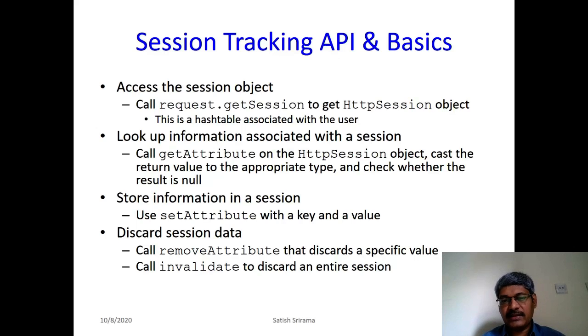From the session you can get the attribute with a particular name, which gives you the value stored for that particular session. If you want to store information in the session, similar to getAttribute, you use setAttribute with a key and value, so that the attribute is set in the session.